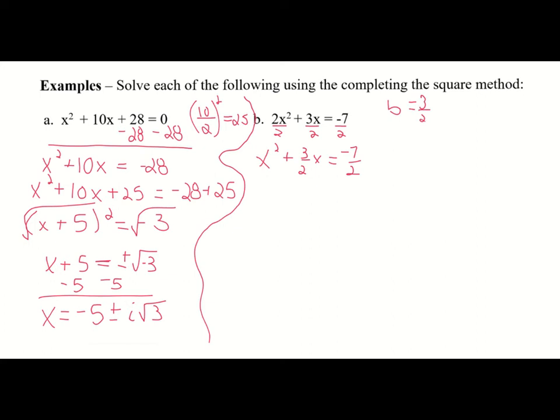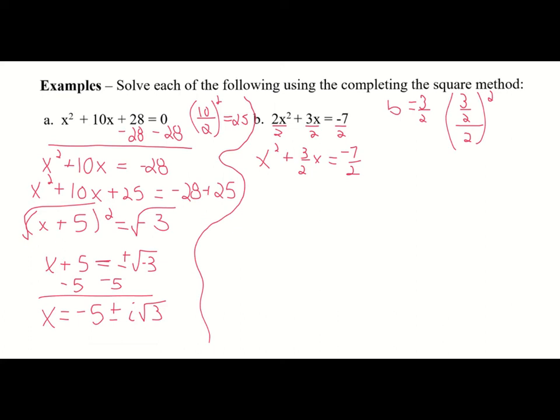So we'll take 3 halves, divide it by 2, and square it. 3 halves is the same as 1.5. 1.5 divided by 2 is equal to 3/4. And if you square it, we end up with 9/16.